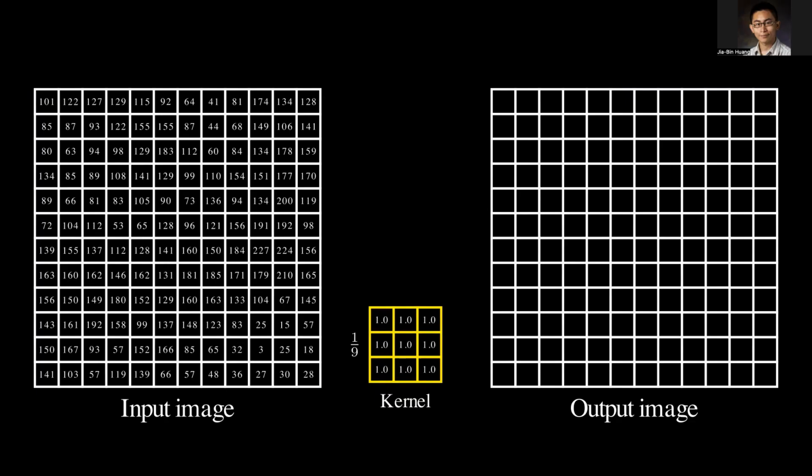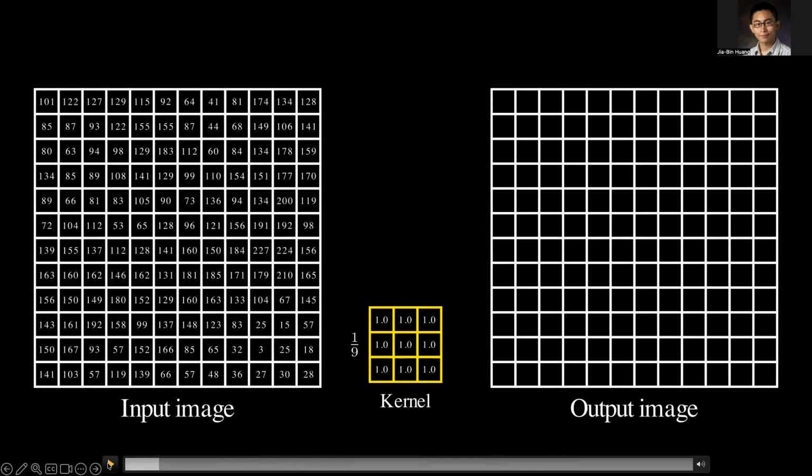What it does is take pixel values, multiply by these values, 1 in this case, add them all together, and divide by 9. So what it does is compute a local average at every location in the image. Okay, and this operation is called filtering.